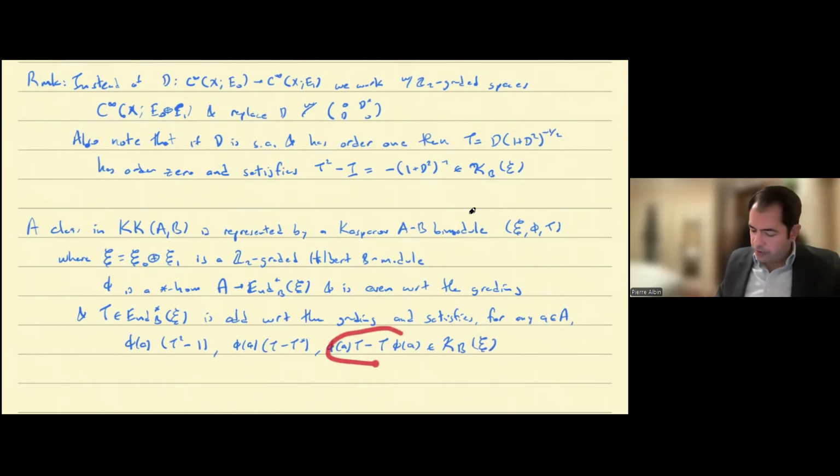Okay, so of course this reminds us of Atiyah's definition of an operator on a topological space. Right, here, this comment, they will be working with self-adjoint operators. And then this is what replaces the Fredholm condition, right?